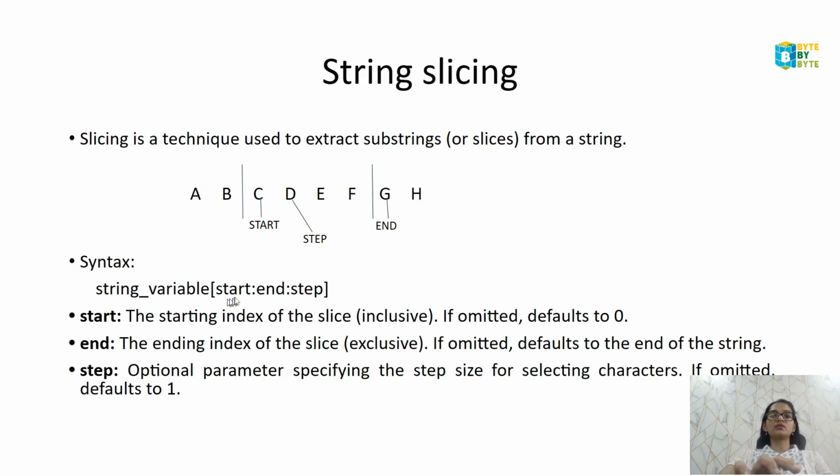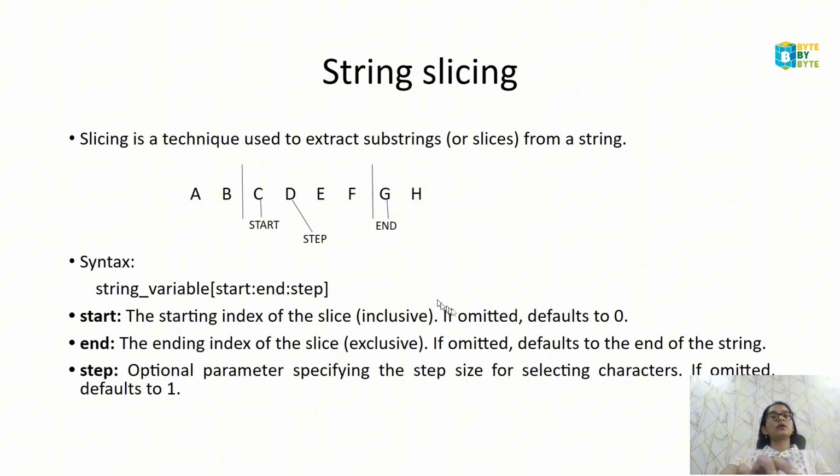Start is inclusive means you will start at the given location, but for end you have to give the next location. In technical language, this is called exclusion. Whatever last location you give, that location will be excluded. So whenever you want to retrieve something, you have to be very careful with the end.